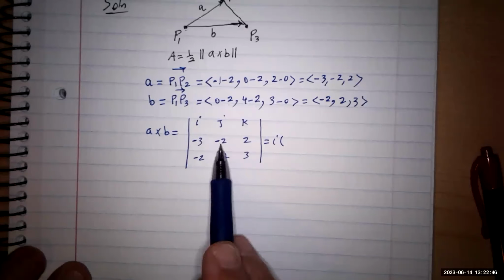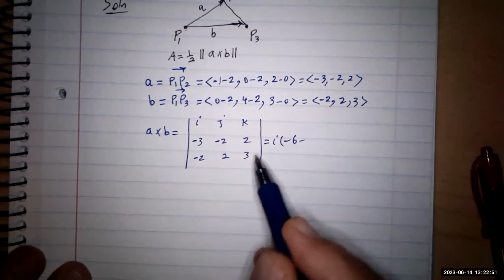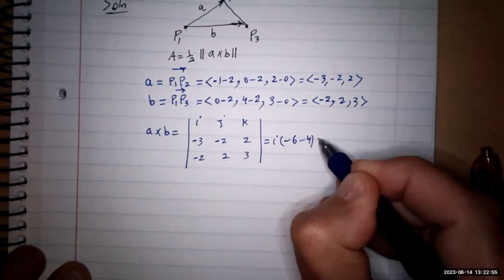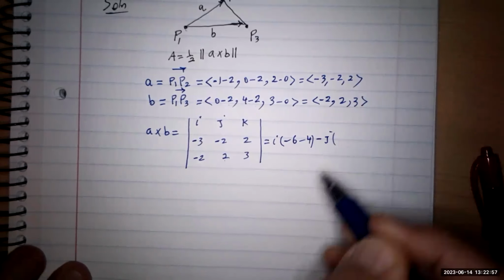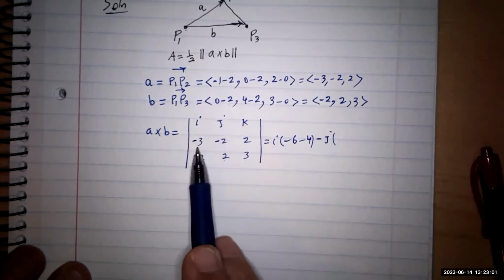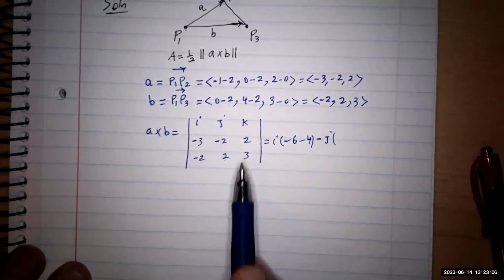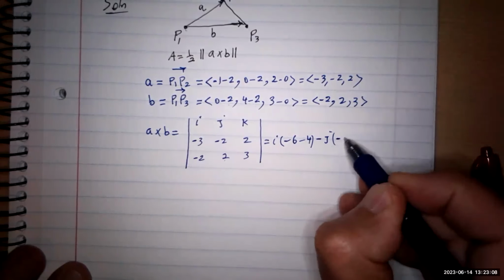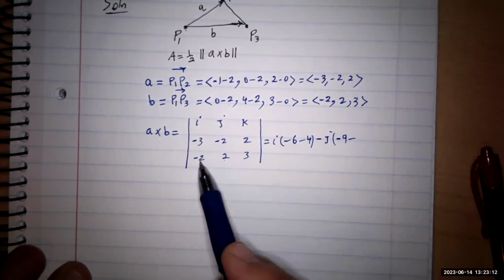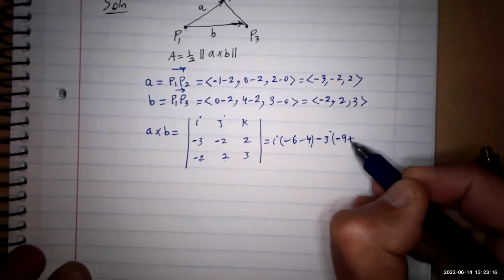Cross multiply, -2 times 3 is -6, minus 2 times 2 is -4, so -10. Always minus j, second one. Eliminate the first row, second column, the matrix -3, 2, -2, 3. That gives -9, minus 2 times -2 would be -4, but there is a negative sign here, making it +4, so -5.